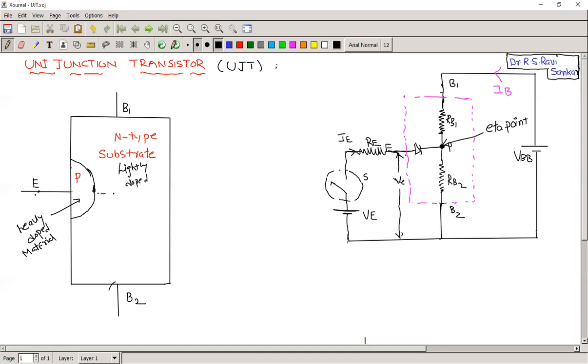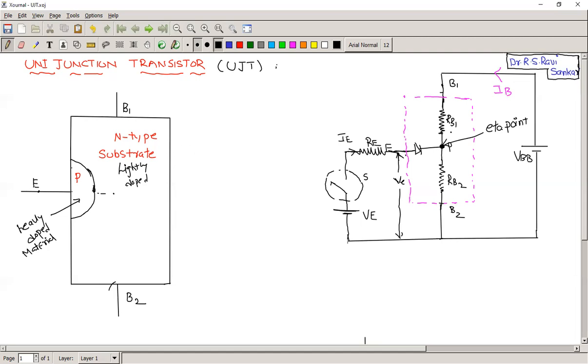Now we are going to represent it in the equivalent circuit. This is the equivalent circuit of the UJT: RB1, RB2, and the junction is represented as a diode. This is the external voltage between the emitter and the base 2. This is also VBB, the external voltage between B1 and B2.